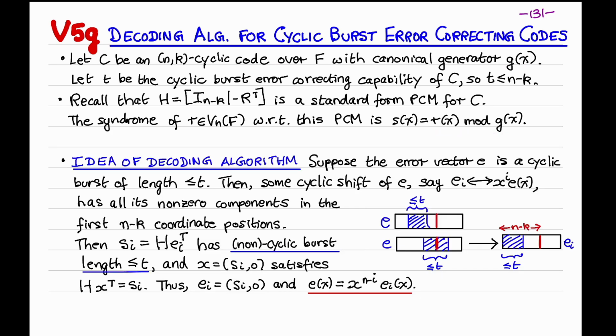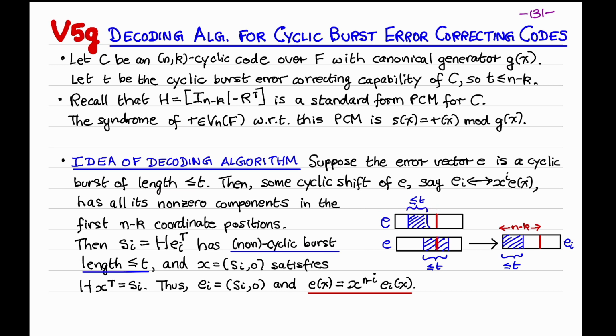Here's the main idea behind the decoding algorithm. We're only interested in properly handling error vectors that are cyclic bursts of length at most t. So suppose that the error vector E is indeed a cyclic burst of length at most t. So E might look like this vector, where all the non-zero components are within the first n minus k coordinate positions.